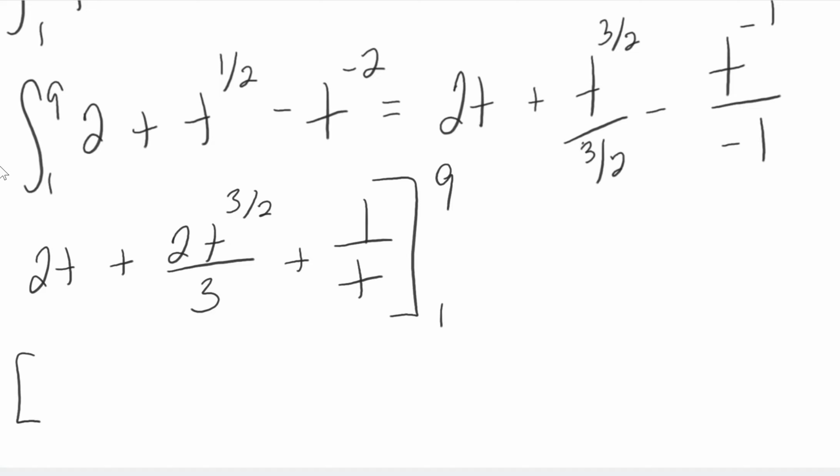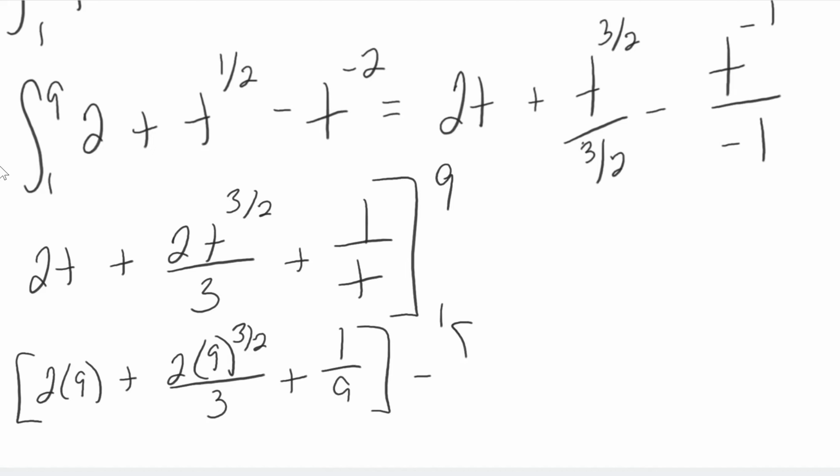So we have 2 times 9 plus 2, 9 to the 3 halves over 3 plus 1 over 9 minus, now this one's not 0, so it doesn't actually go away.